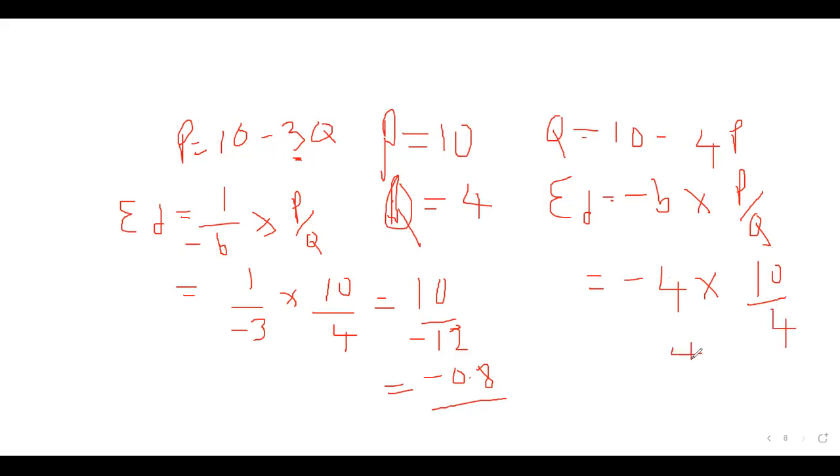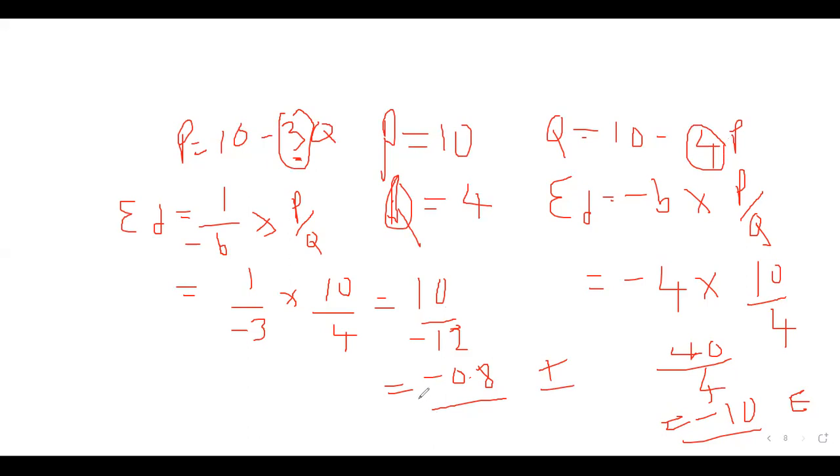So here we're going to get negative 40 over 4, which is negative 10. Here demand is elastic. Here demand is inelastic. So to answer your question, your B is simply the coefficient of the slope. Is that clear? Yes, very clear. All right.